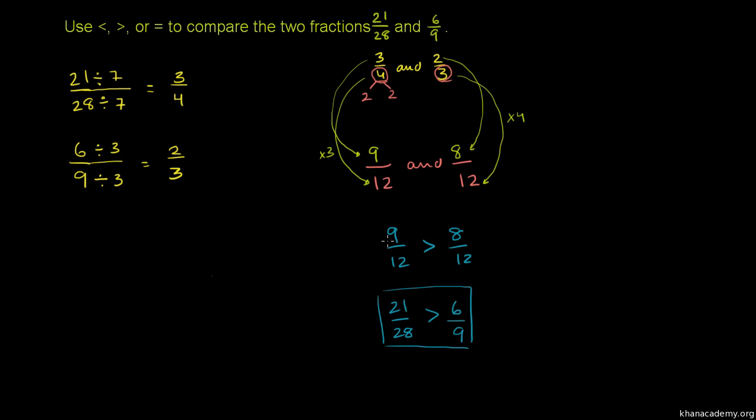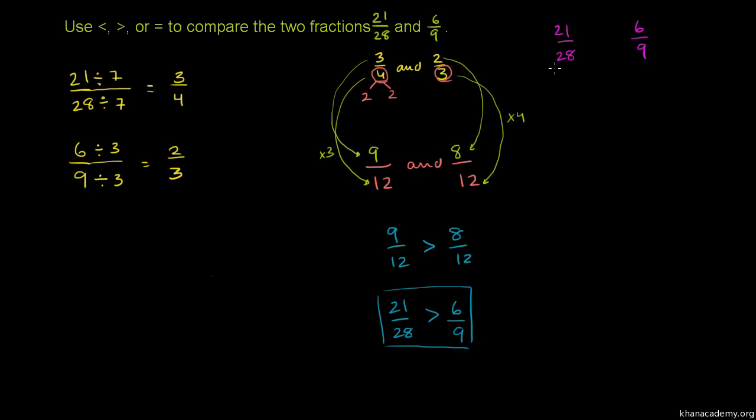Another way we could have done it, we didn't necessarily have to simplify first. Let me show you that just for fun. If we didn't think to simplify our two numbers first, we could just find a least common multiple in the traditional way.